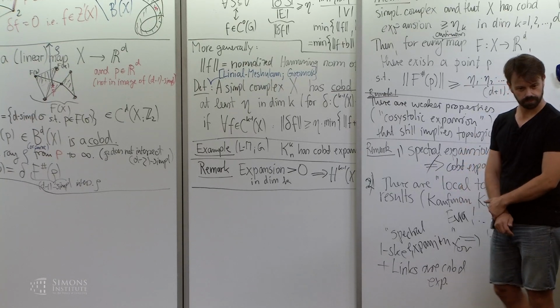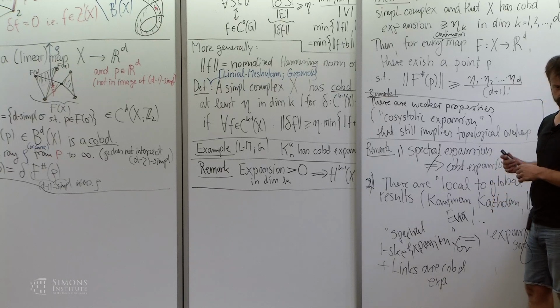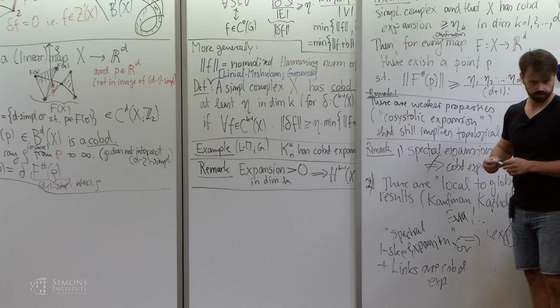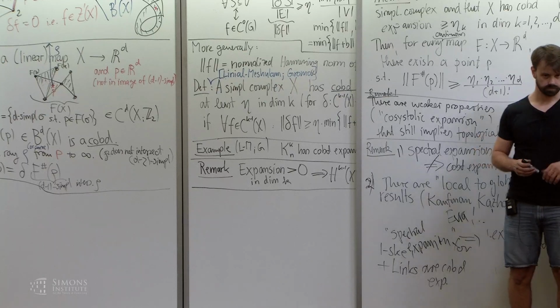I just want to mention a trick that Tali, Alex, and David found: if you expand small sets, then essentially you're expanding all of them except for the top dimension.